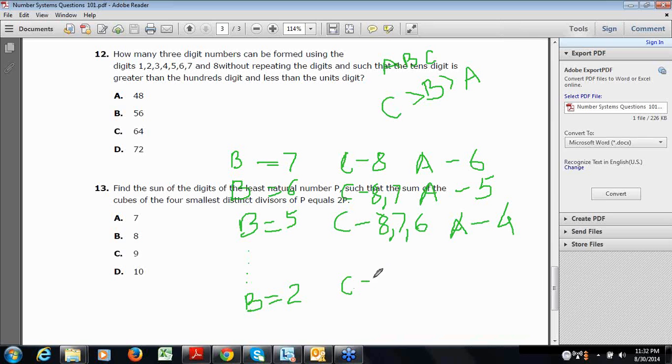C can have values 8, 7, 6, 5, 4, 3 and A can have the value 1. So now calculate this, you'll get 56 as the answer.